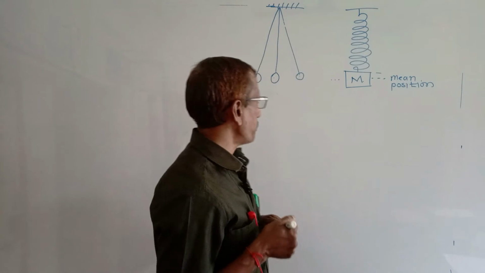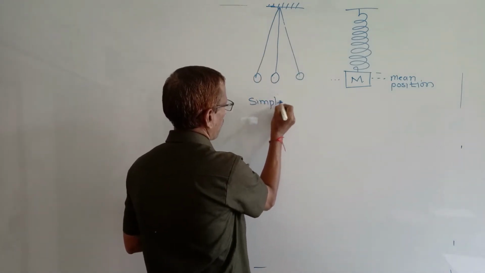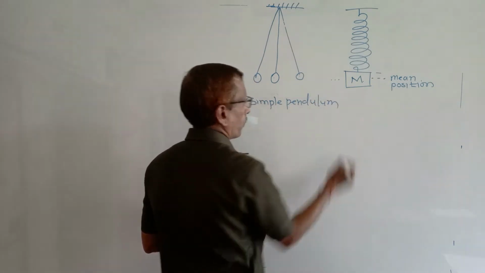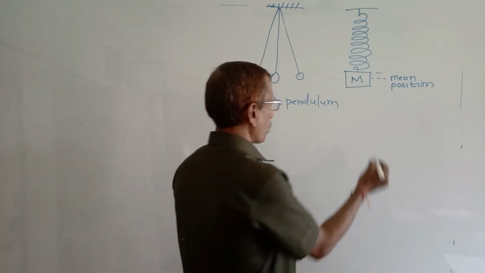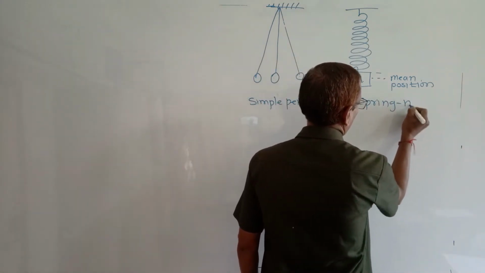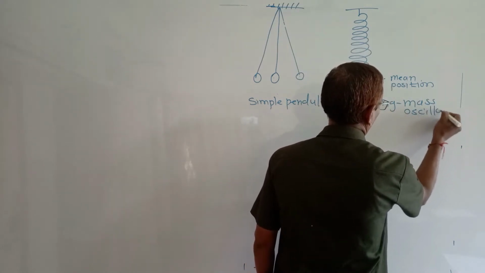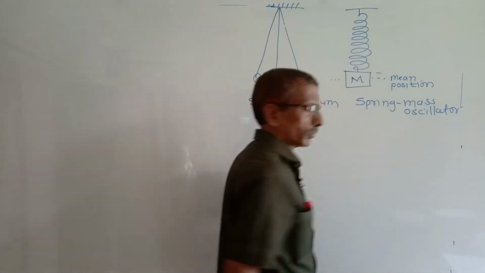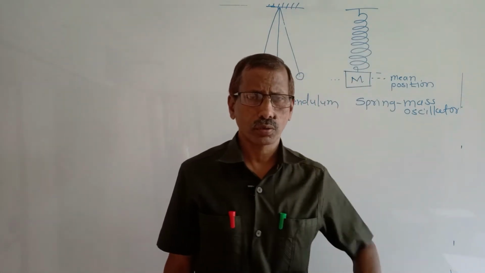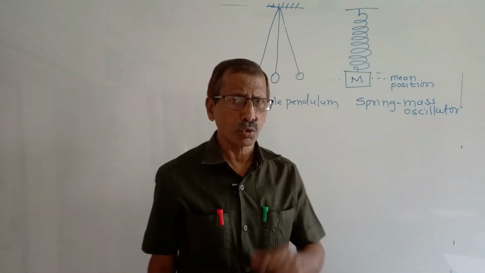When we study the motion of a simple pendulum and the spring mass oscillator, in both cases we consider only a single force developed in the body, and that force is a restoring force.